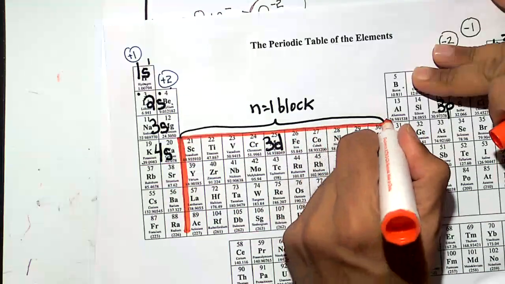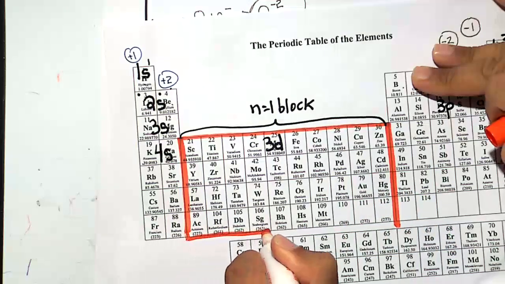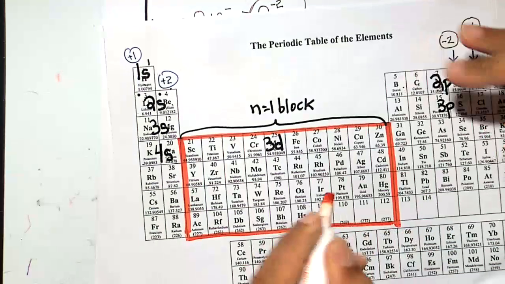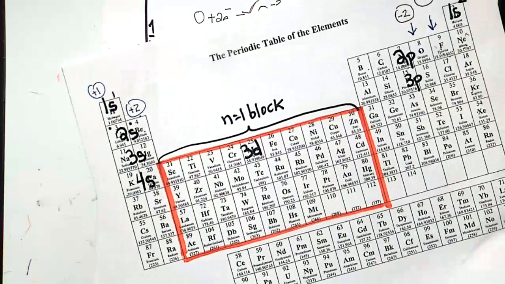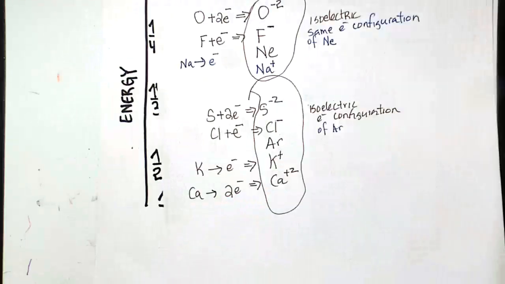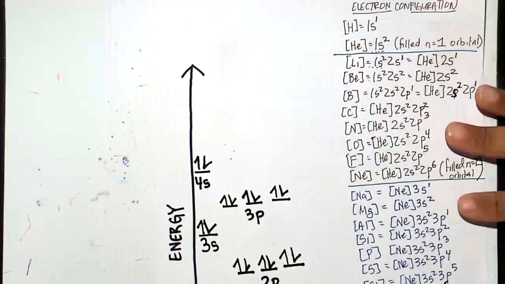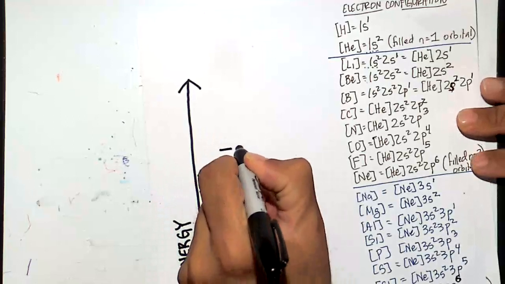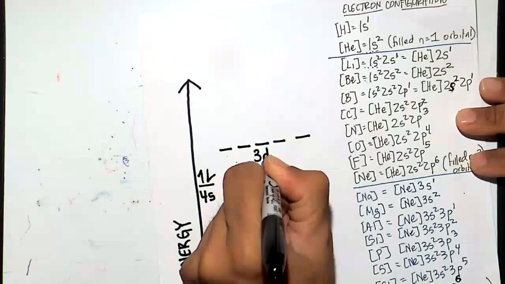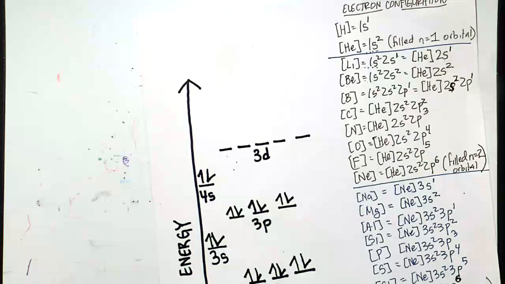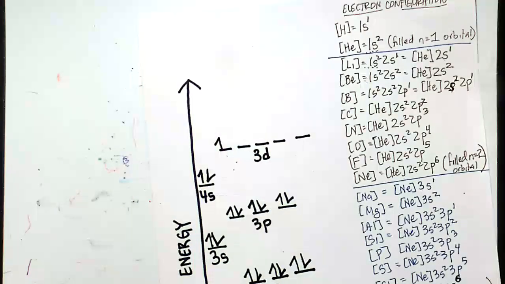These are called the transition metals. So after 4s, what will they fill? 3d. And how many slots does 3d have? 5.